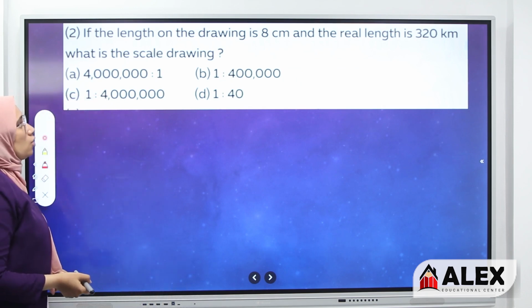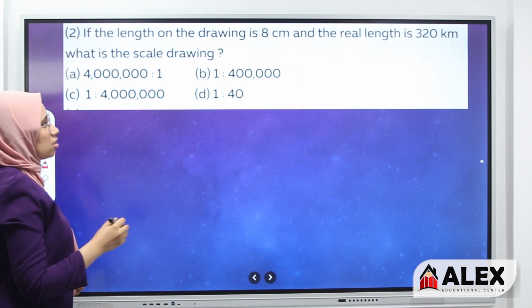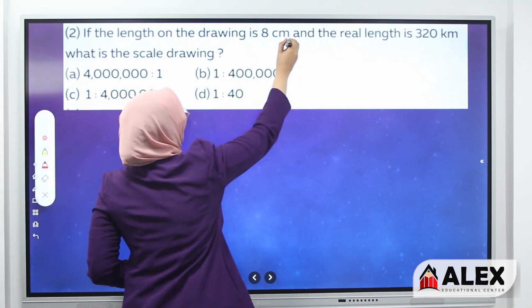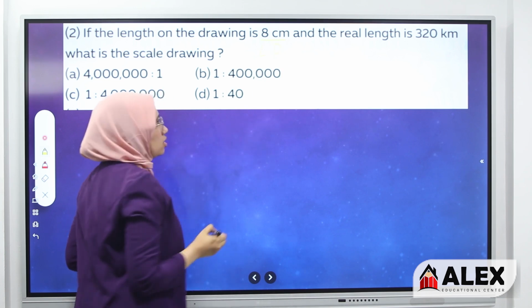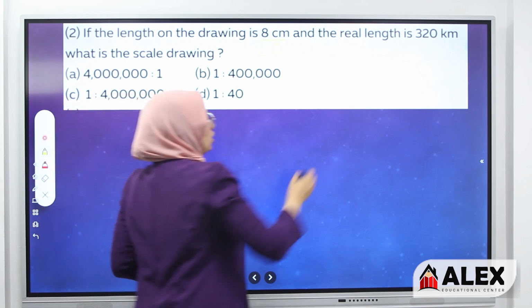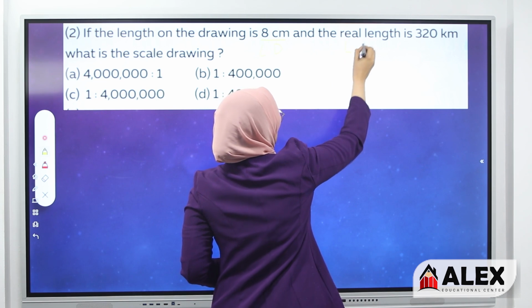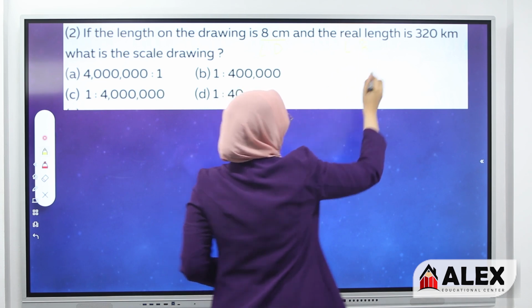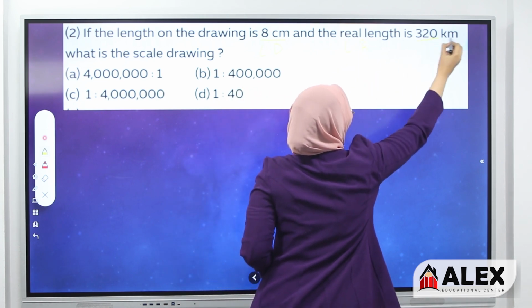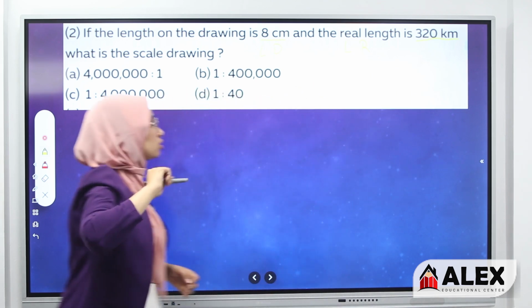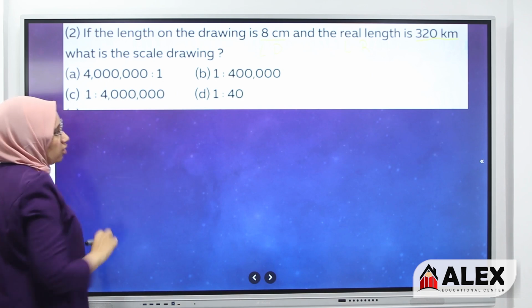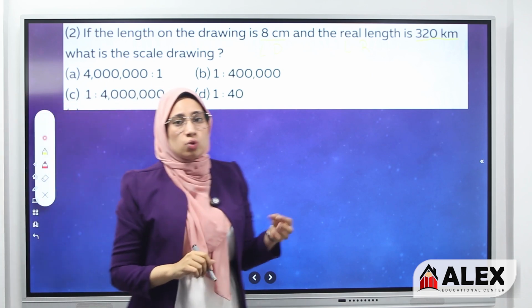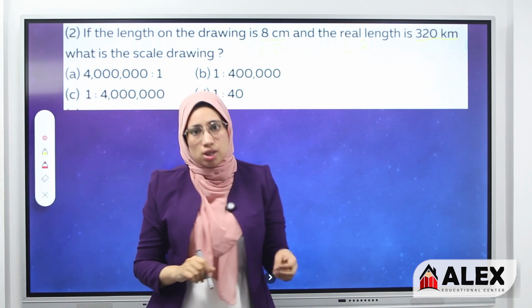If the length on the drawing is 8 cm, and the real length is 320 kilometers, what is the drawing scale? First, we write the rule of the scale drawing.